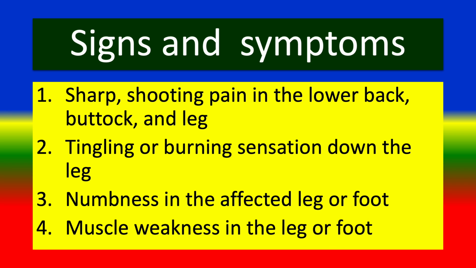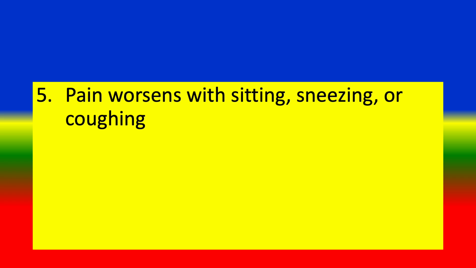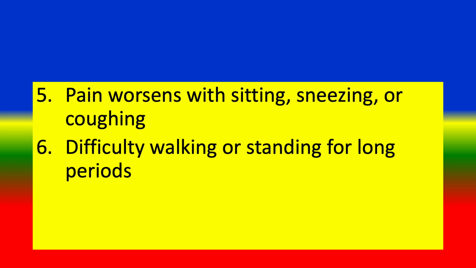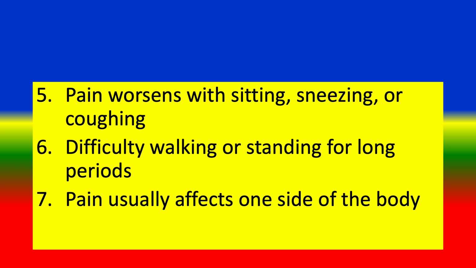Muscle weakness in the leg or foot. 5. Pain worsens with sitting, sneezing or coughing. 6. Difficulty walking or standing for long periods. 7. Pain usually affects one side of the body.